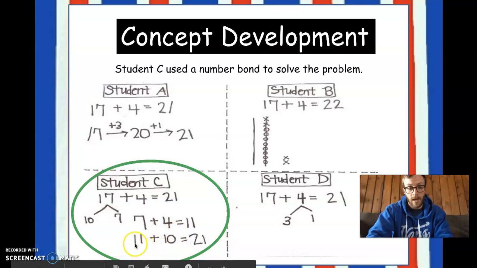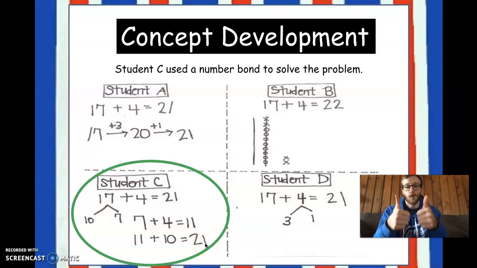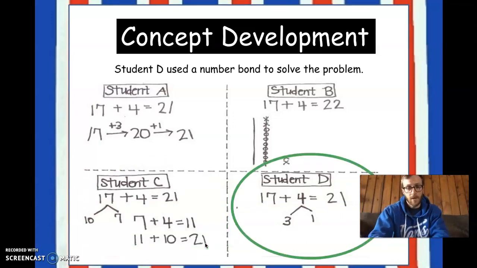And if we're adding our 10s together, we have 1 10 plus 1 10 equals 2 10s. And then looking at our 1s, we have 1 1 plus 0 1s equals 1, because 1 plus 0 equals 1. Student C also got 21, so student C is correct. Good job, student C. Now moving on to student D.